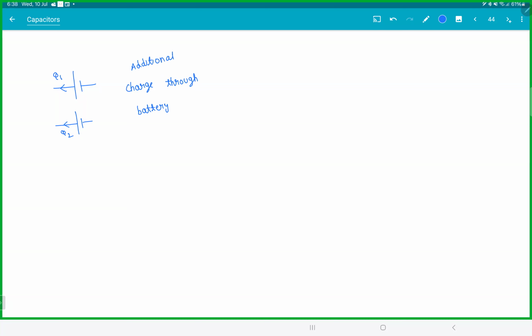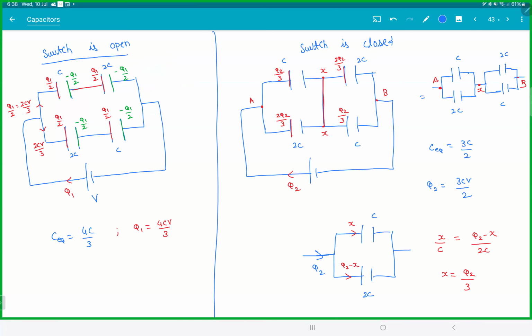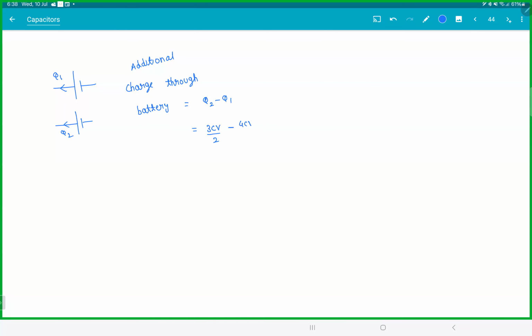Now you sent Q2, meaning the difference you sent is Q2 minus Q1, which is 3CV by 2 minus 4CV by 3. This would be CV by 6. This is the extra charge that flows through the battery when you close the switch. Is this clear? It is not Q2. You already sent some charge.